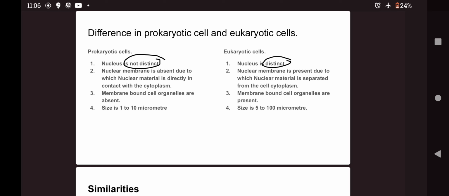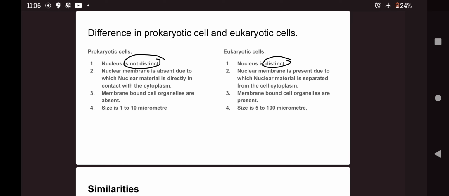Now membrane bound cell organelles are absent in a prokaryotic cell. So cell organelles means what? Small organelles like endoplasmic reticulum, Golgi apparatus, mitochondria. These are absent in prokaryotic cell, but in a eukaryotic cell, membrane bound cell organelles are present.